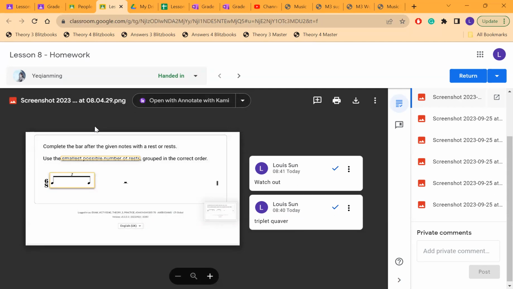Okay, so let's do this. On top, that's 3 quavers. That's 3 quavers. And what about the one with 3 on top? That's a triplet. Okay, so there's something we're not getting.